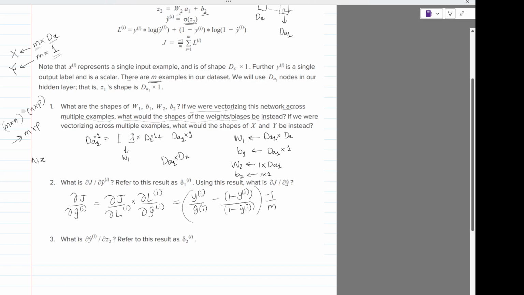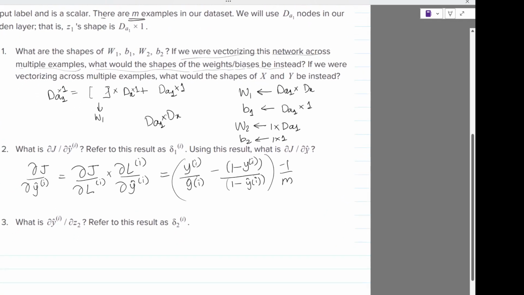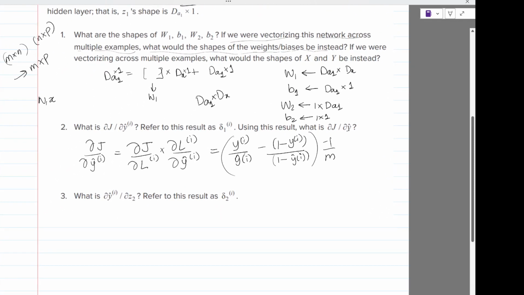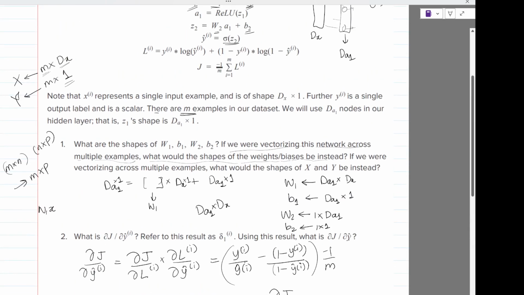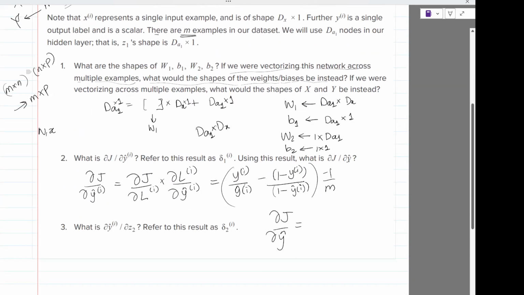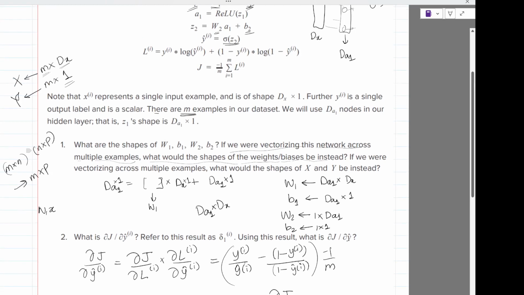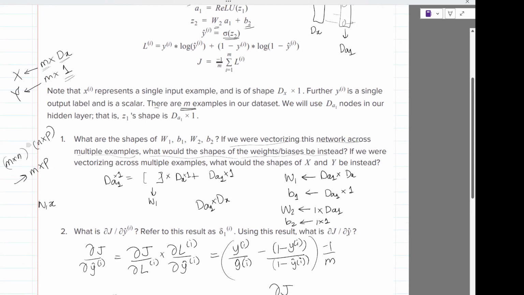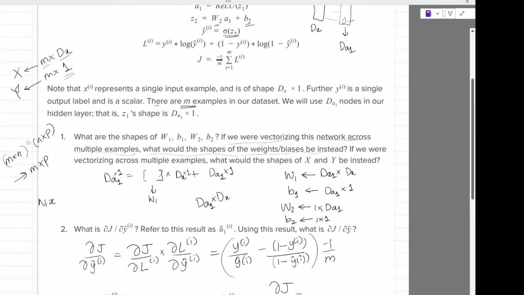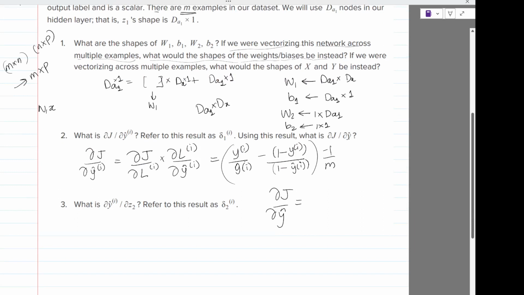So minus 1 by m into this. Now we also need to compute del j by del y hat. So if you compute from here, no, this is y hat only. That will be a vector basically.